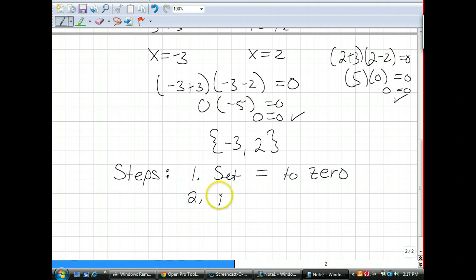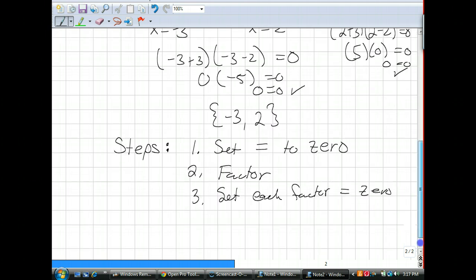Step number 2 is to factor. That was the second thing I did. And step number 3, set each factor equal to 0. Okay, so that's basically the process that I did for that first example.